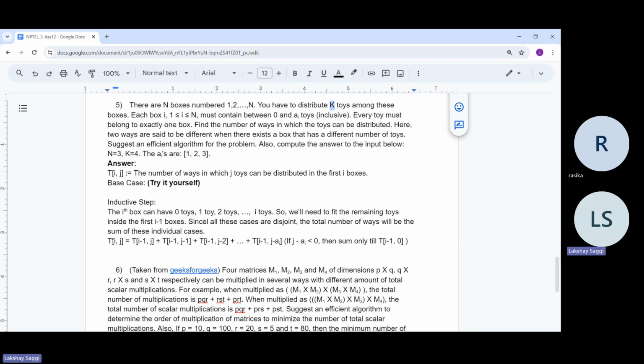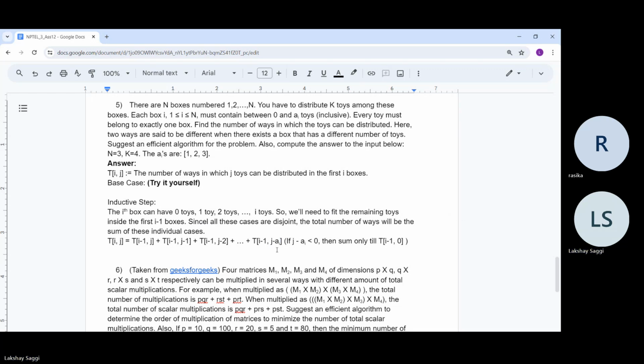And for computing one of these entries, we'll be taking something like ai amount of time, because this will be a sum of ai entries. So total time taken will be something like n times k times the maximum of all the ai's.